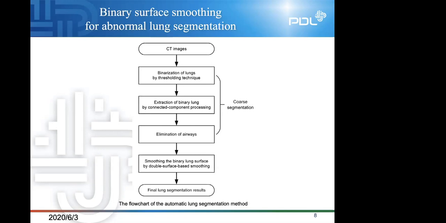Then we further smooth the lung surface generated from the rough segmentation by employing the closed double surface-based smoothing method. Finally, we achieve the accurate segmentation results by combining the smoothed lung mask with the original lungs.